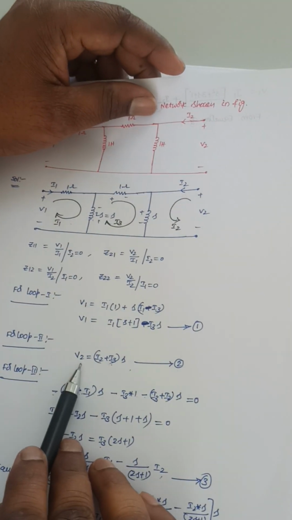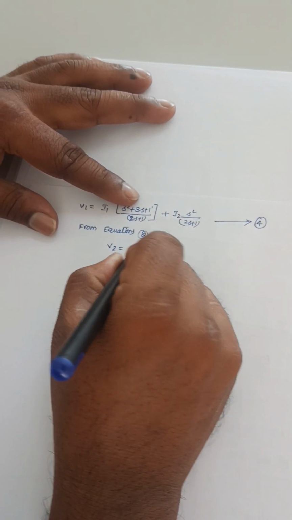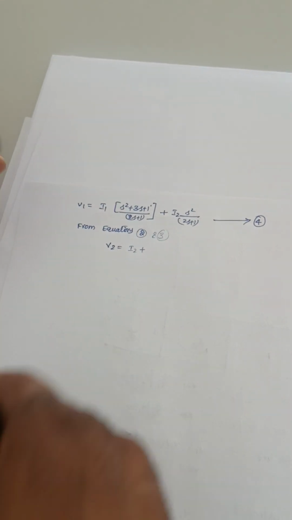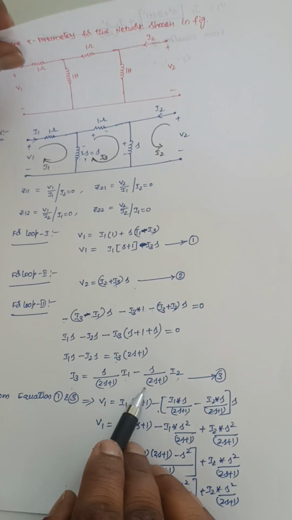What this equation says is V2 is equal to I2 plus I3 into S. So here in place of I3, what is the value of I3? This is the I3.